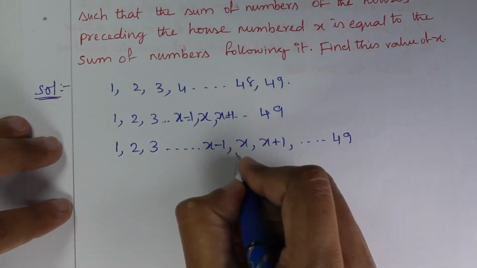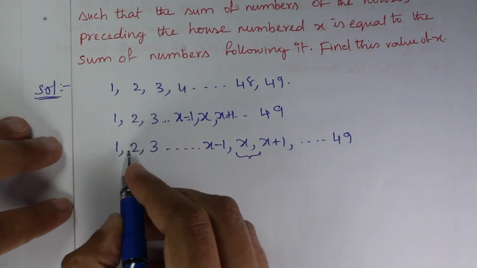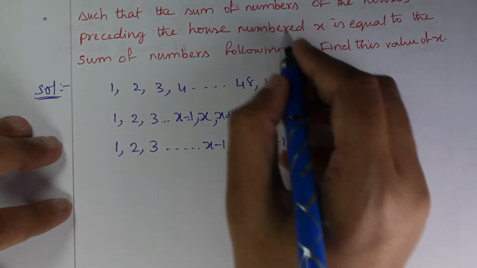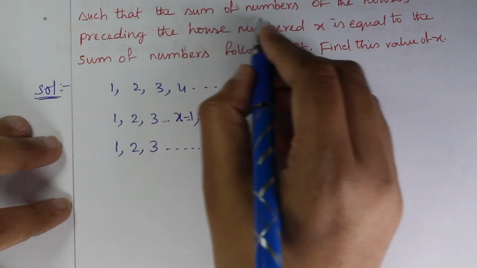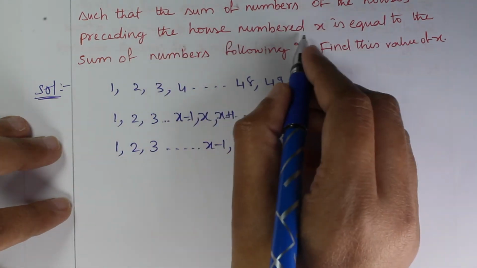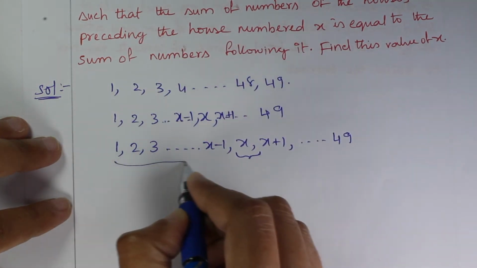We have to find the value of x such that the sum of the numbers of the houses preceding the house numbered x, that is S of x minus 1.